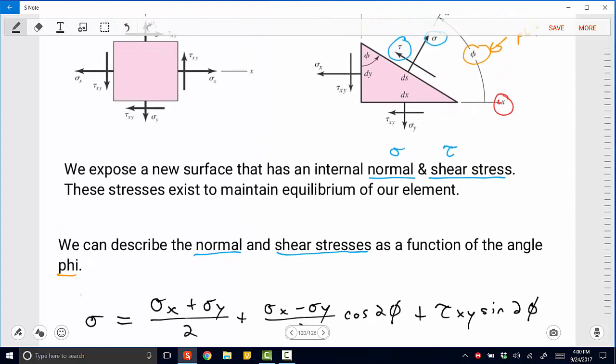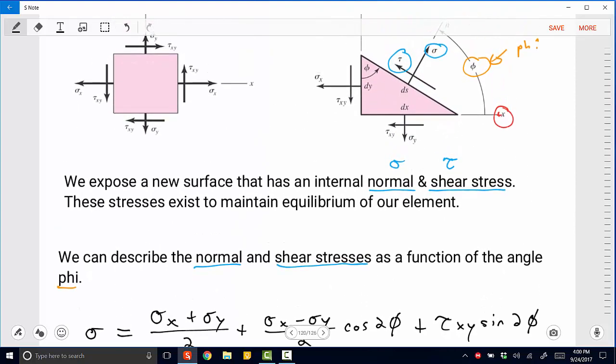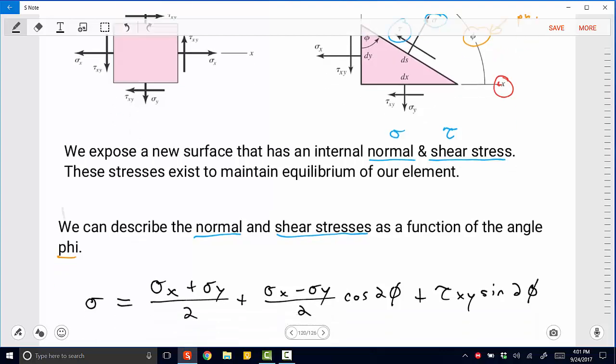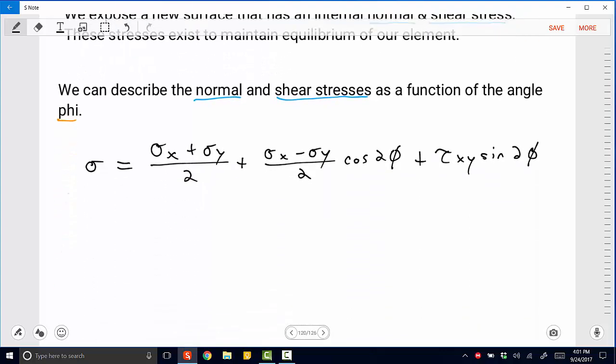And all we're doing here is we're simply applying the idea of equilibrium to this particular problem, to this actual diagram here. What is needed, what balance of sigma x, sigma y, and tau xy is needed for this normal stress that we have on this exposed surface.